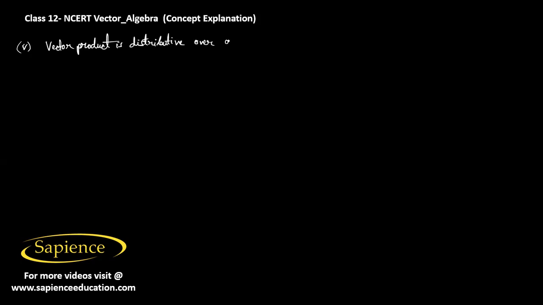The vector product is distributive over addition. It means that if we do A vector cross B plus C, then that will be equal to A cross B plus A cross C.